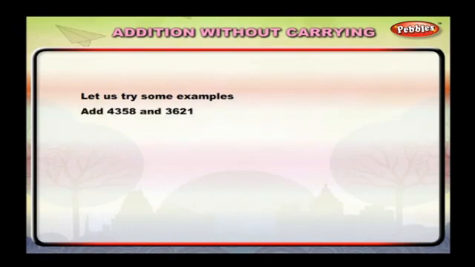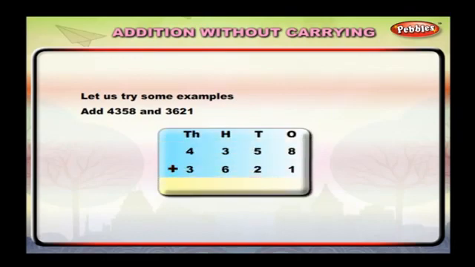Add 4358 and 3621. Adding ones. 8 ones and 1 one will give you 9 ones. We write 9 under the ones column. Adding tens. 5 tens and 2 tens will give you 7 tens. We write 7 under the tens column.